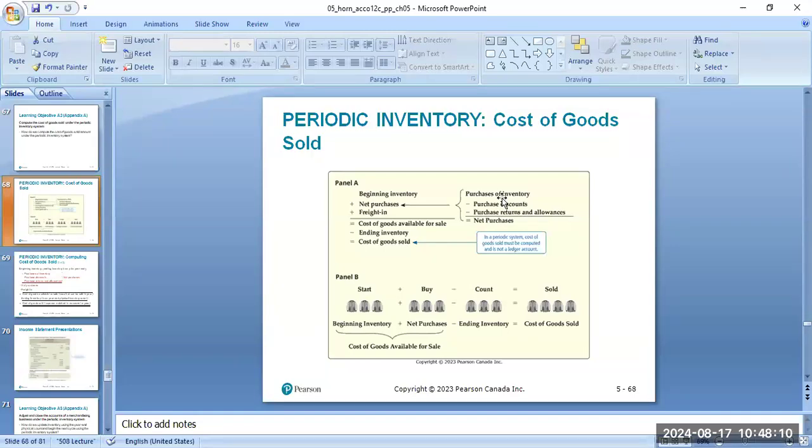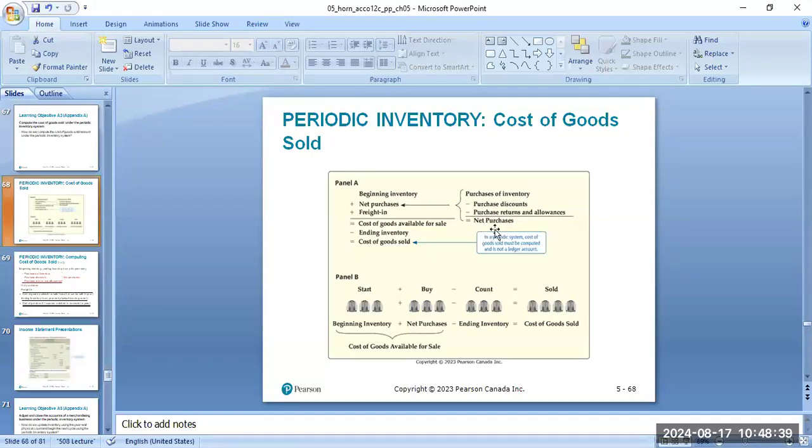Beginning inventory, which is the ending inventory of the previous period, which we already counted. Then we add the net purchases. The net purchases include the purchases, which is a separate account, less purchase discounts, which is a separate account, and purchase return and allowances, which is also a separate account.